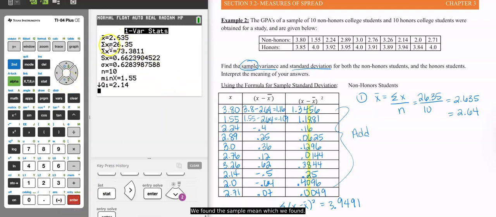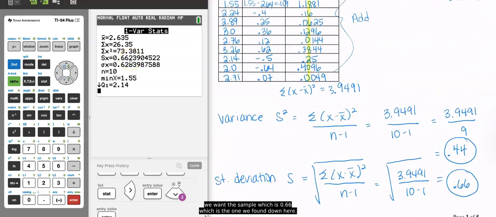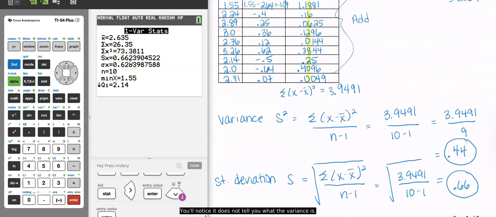And so we found the sample mean. We have the standard deviation for both the sample and the population. So the calculator will always give you both. You have to decide which one you want. And so if you notice, we want the sample, which is 0.66, which is the one we found down here. You'll notice it does not tell you what the variance is.